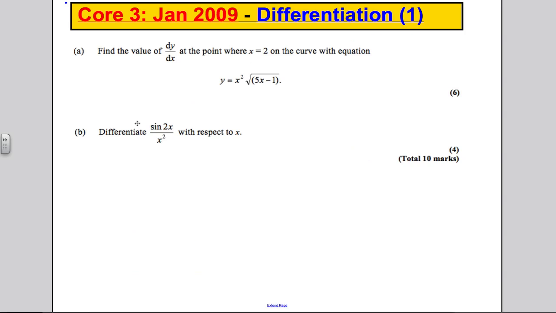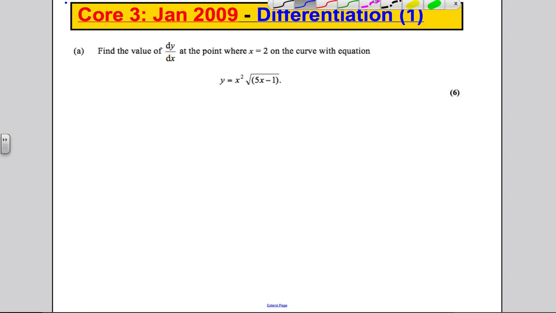Okay, next one. Pause the video, have a go. Right, part A. Find the value of dy by dx at the point where x is 2 on the curve with this equation.